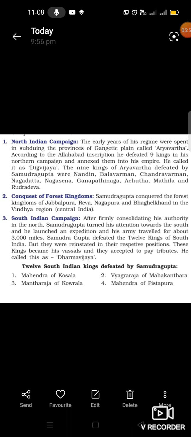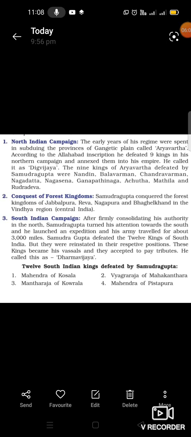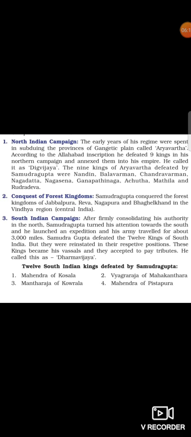He called it Digvijaya. The 9 kings of Aryavarta defeated by Samudragupta were Nandin, Balavarman, Chandravarman, Nagadatta, Nagasena, Ganapati Naga, Achyuta, Mithila, and Rudra Deva.